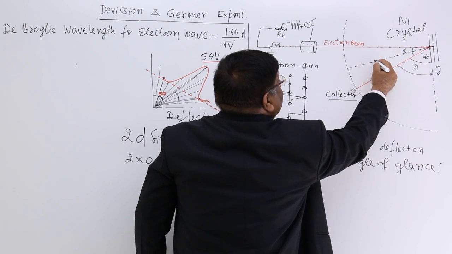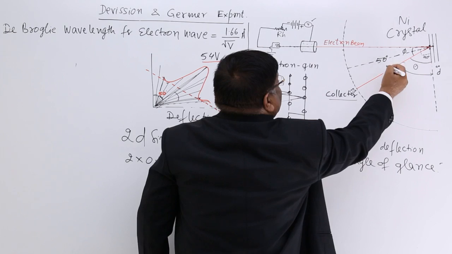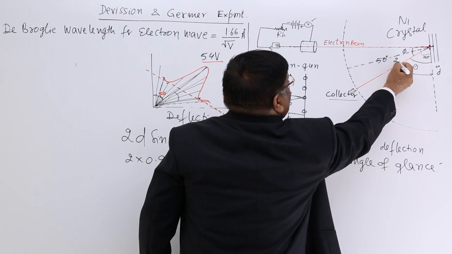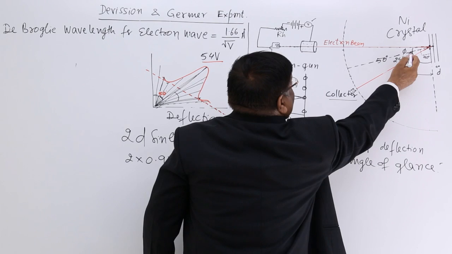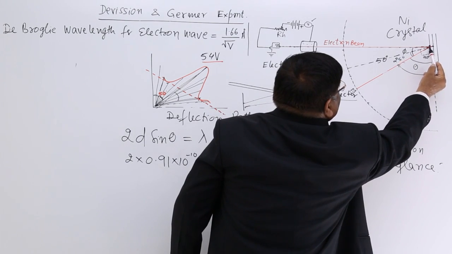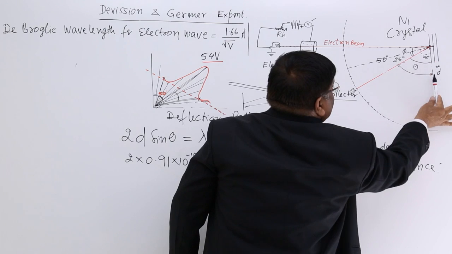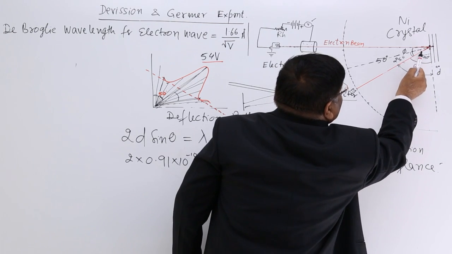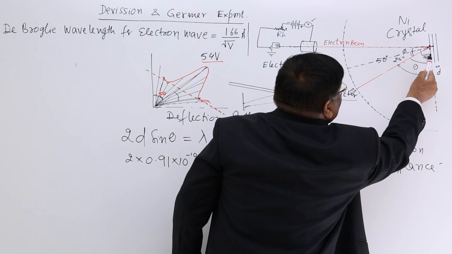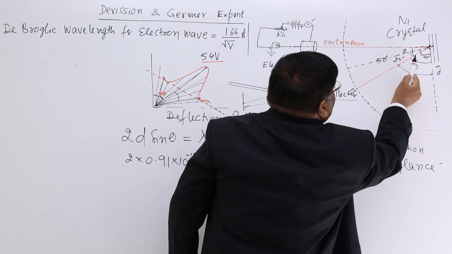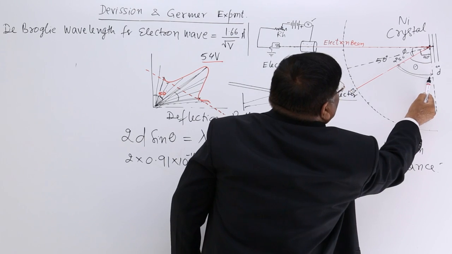This angle was 50 degrees for the best results. If this total was 50, then this is how much? 25. Now, this is a normal to the surface. If this is normal to the surface, then this angle is 90 degrees. If this is 90 degrees and this is 25 degrees, then this is what? 65 degrees.